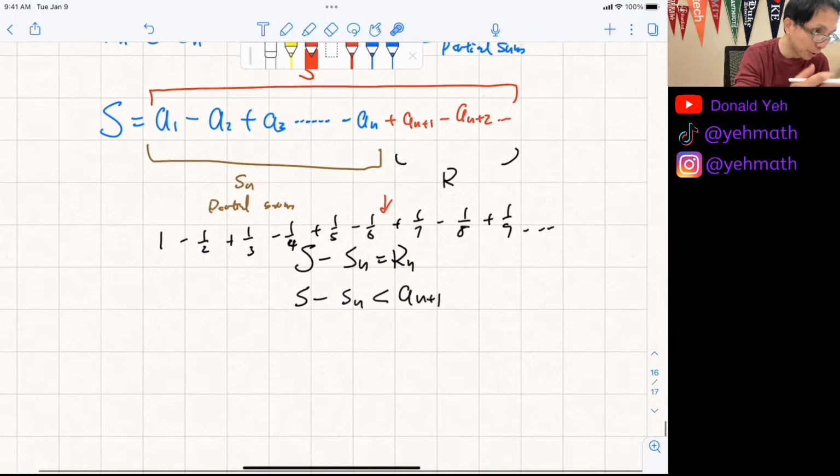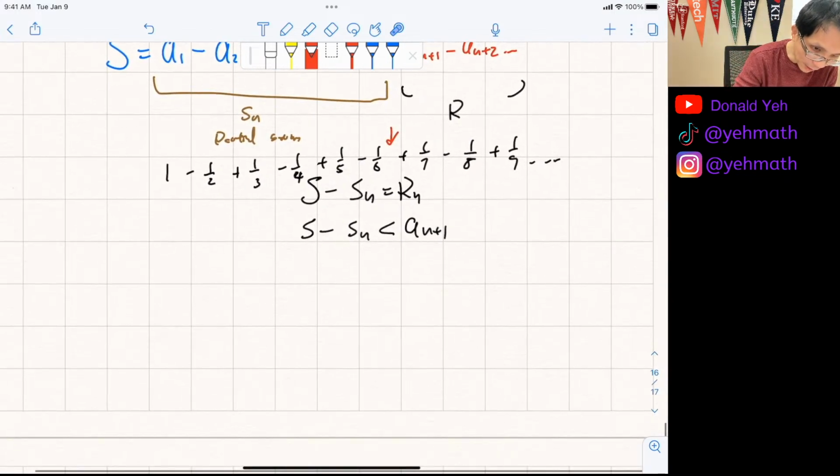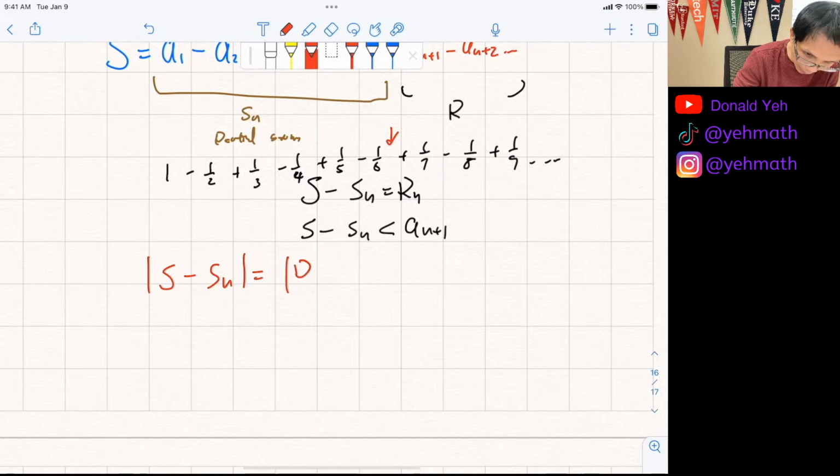So yes, and then you come to mention the absolute value, because that remainder could have been an absolute value. So this is the alternating series. S minus Sn is equal to Rn, but is less than a of n plus 1. Always less than a of n plus 1.